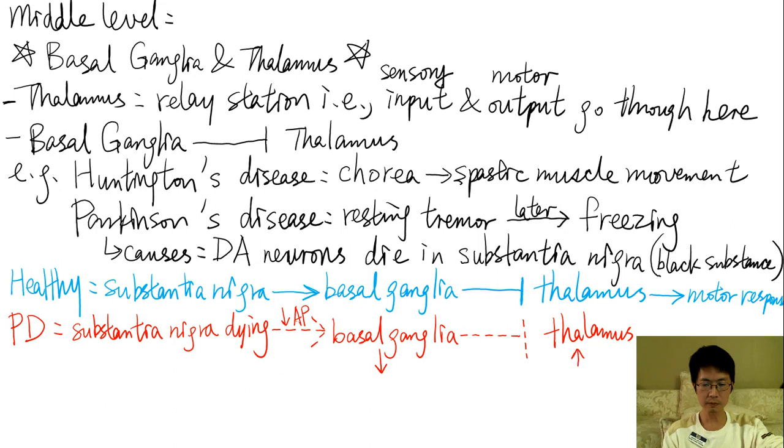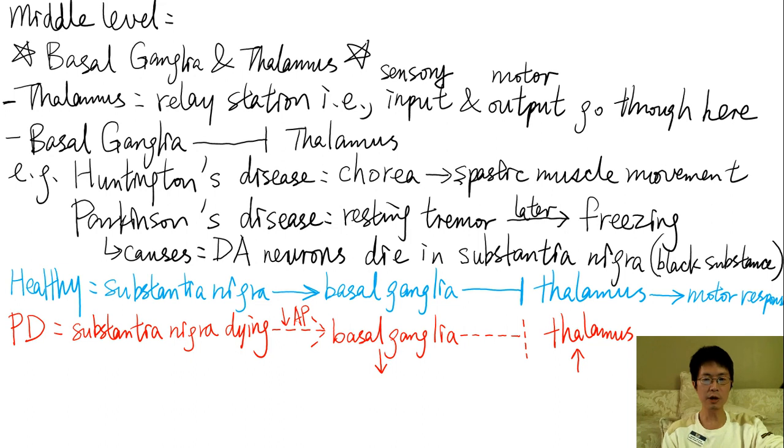We call this double negative again. This is another example of double negative. Here you lower the excitation, that means you exert less inhibition. Less inhibition means releasing the thalamus.